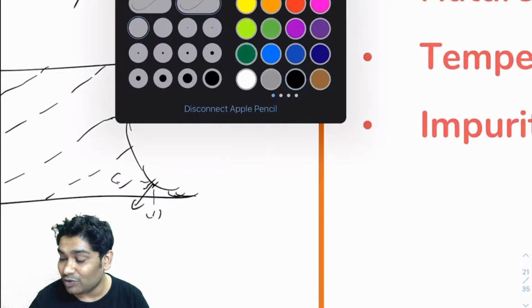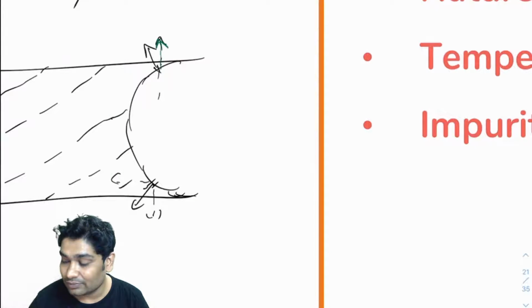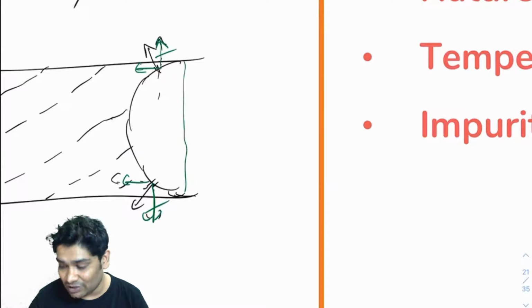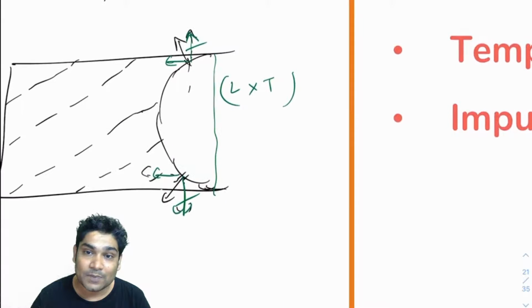The perpendicular components would cancel each other out. So in this case, the net force is obviously this length into T, that would be the net F. So you are right.